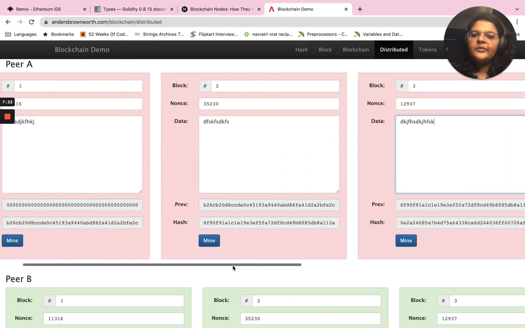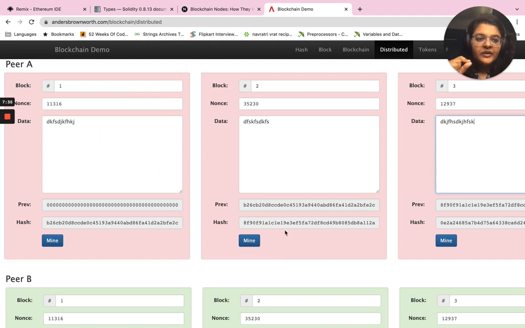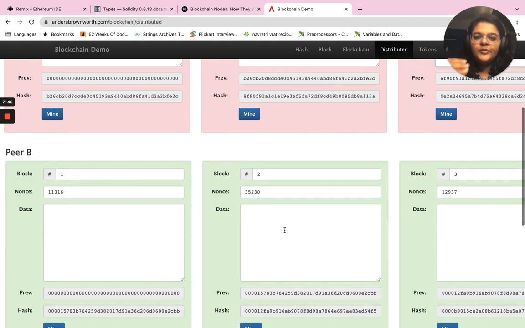So this is where blockchain gains the strength of immutability and transparency, because the data is transparent in a public blockchain and is available amongst all the peers, right? So this is your distributed ledger. The ledger is distributed amongst all the peers.